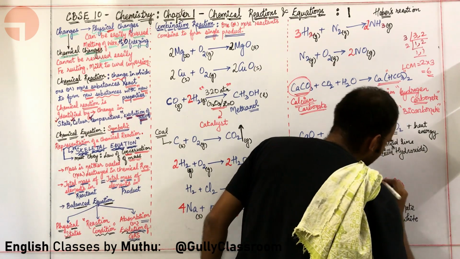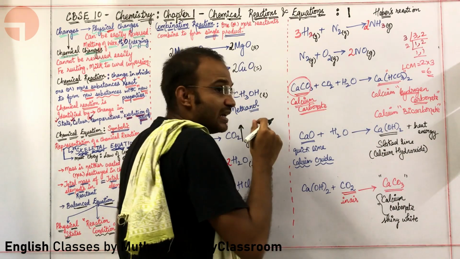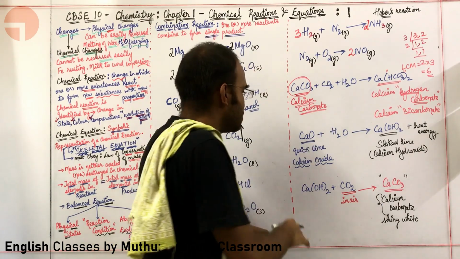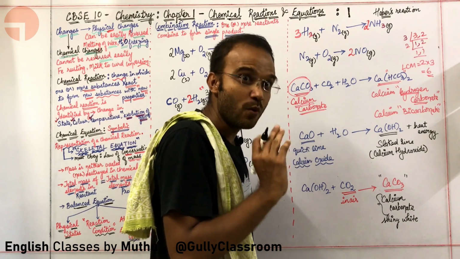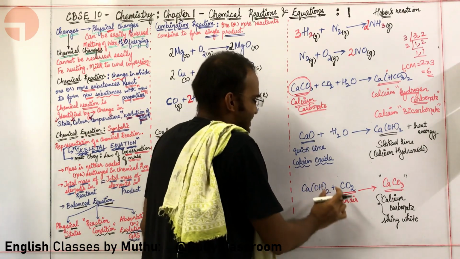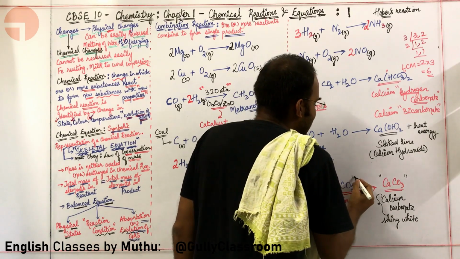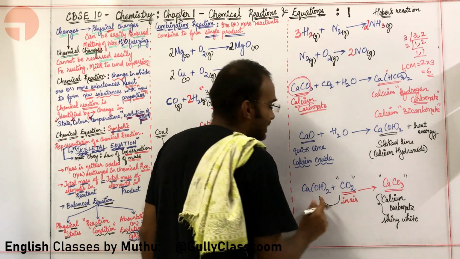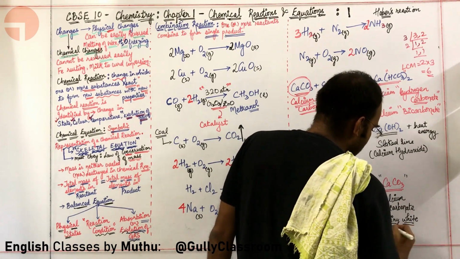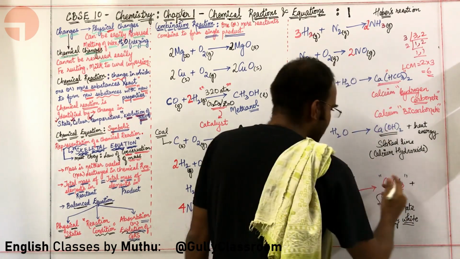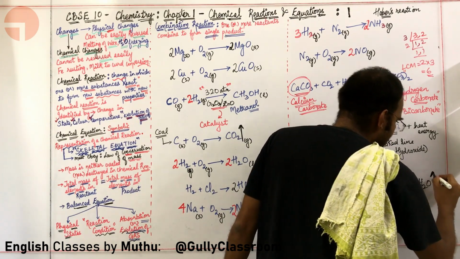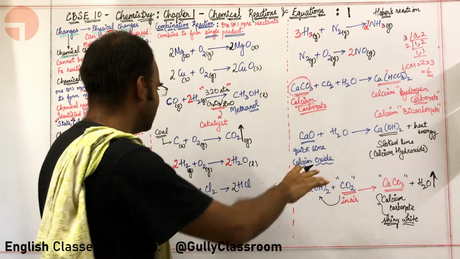Because of the formation of calcium carbonate, as the wall on which whitewashing is done is drying, the carbon dioxide in the air combines with the slaked lime put on the walls and forms shiny white calcium carbonate, and here water is evolved as water vapor.